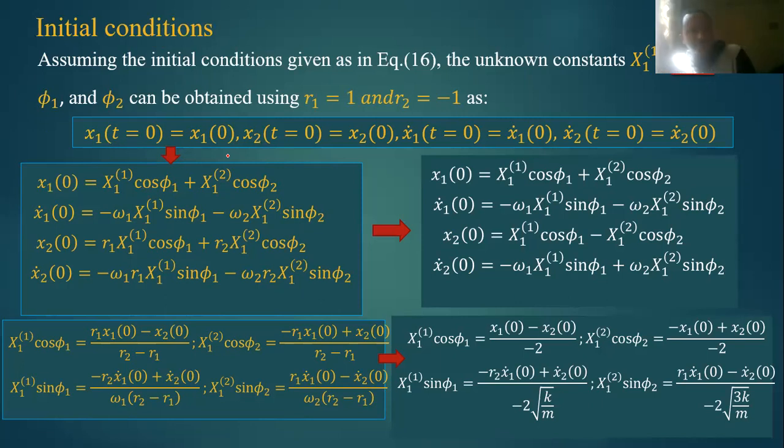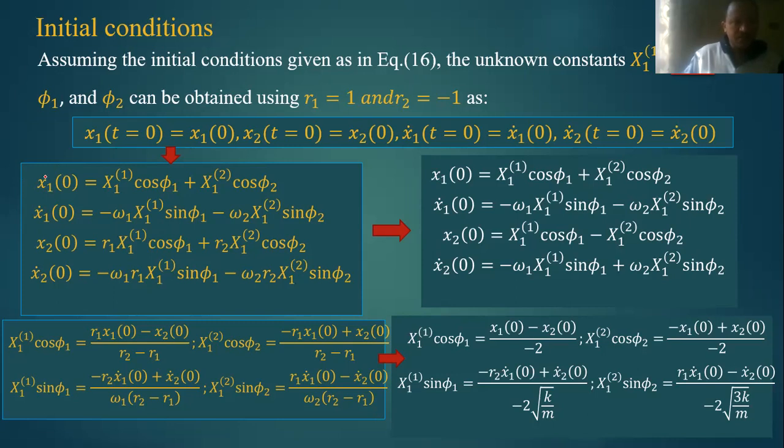This can be easily determined using the prescribed initial conditions. Here we have only the amplitude initial conditions, means the velocity and the amplitude of the motion will give us some clue of the initial conditions. So applying the initial conditions to the equations, we have x1 of 0 equal to x1 of 1 cos phi 1 plus x1 of 2 cos phi 2.